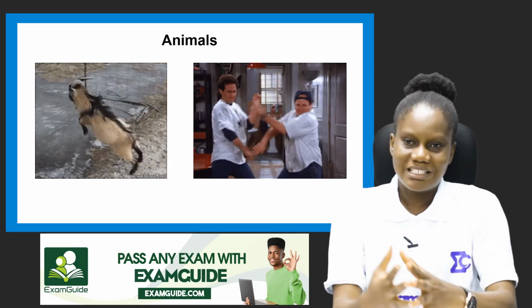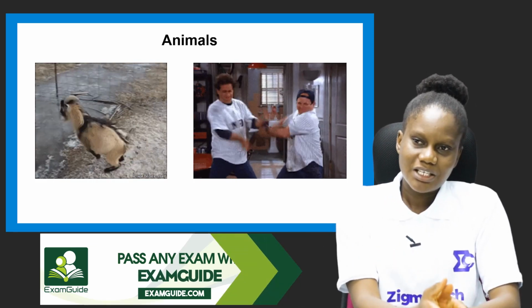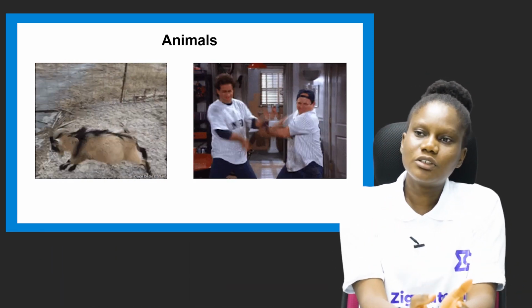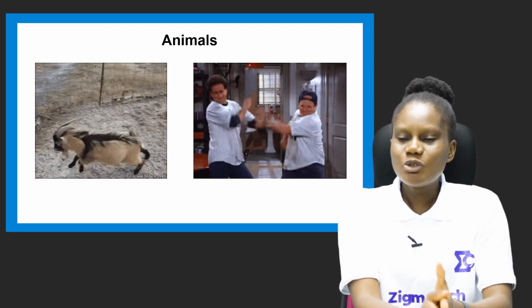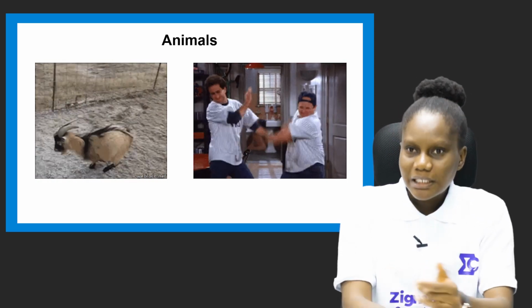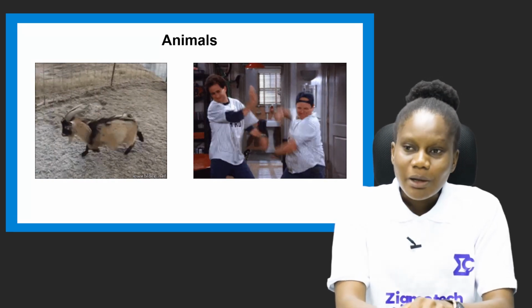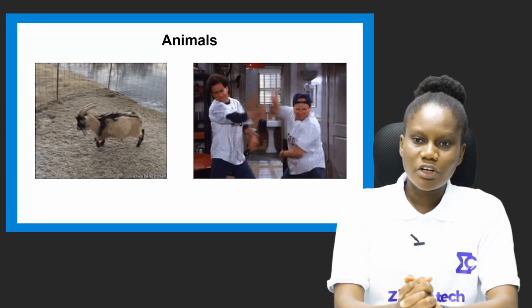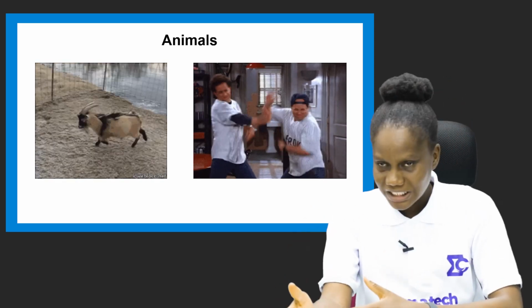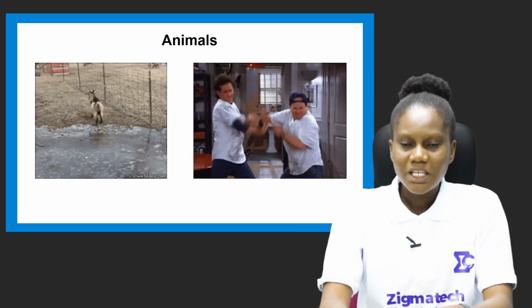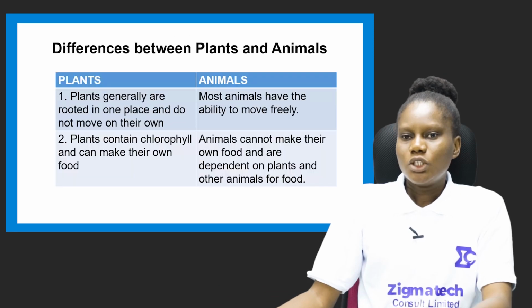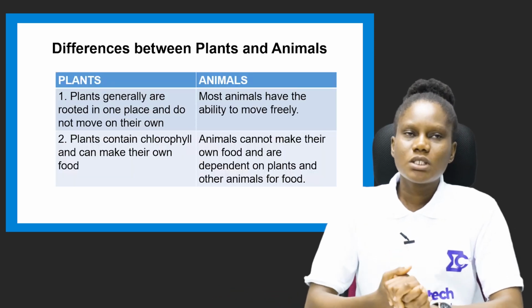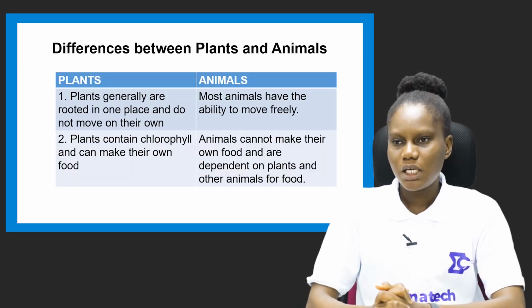Humans are also classified under animals, just that we are under the group called mammals. So humans too are animals. Your hen is an animal, cows, donkey, just name it. Any animal you can see around you, whether they live in the forest, in the jungle, or at home, they are animals.